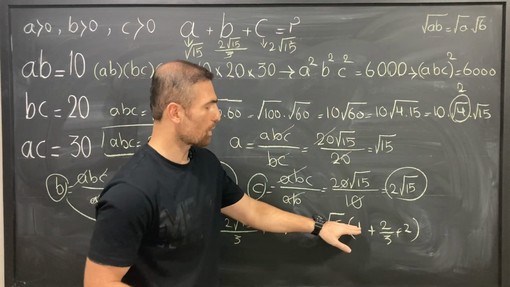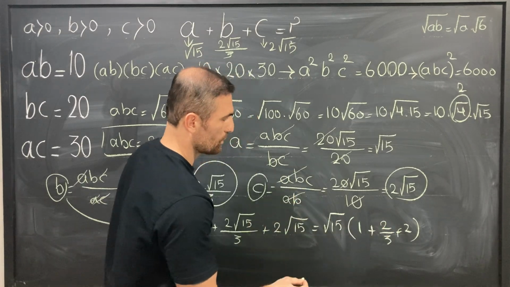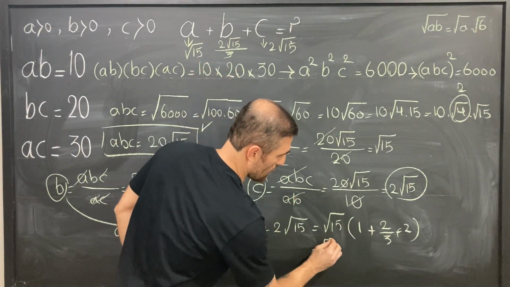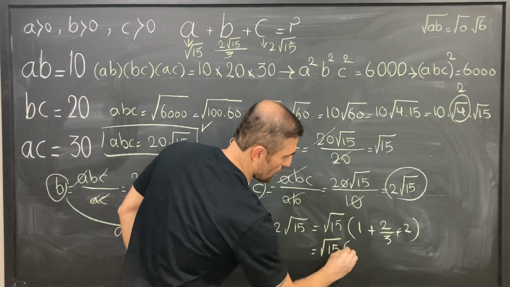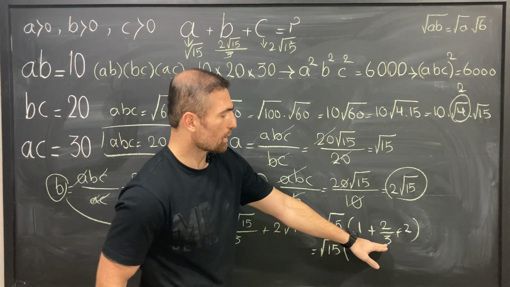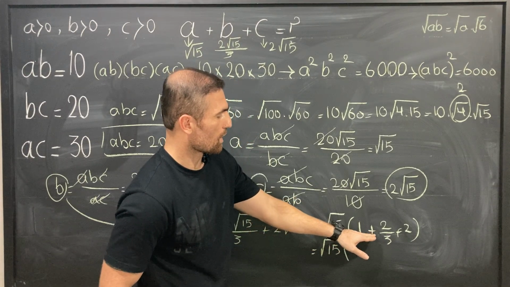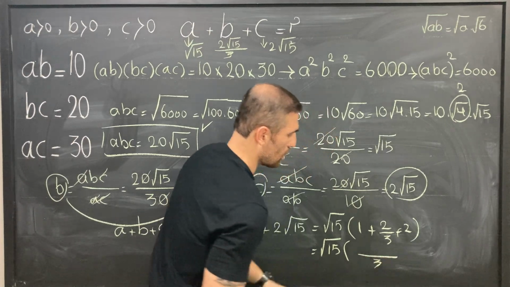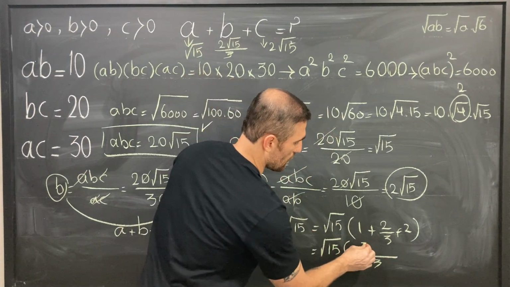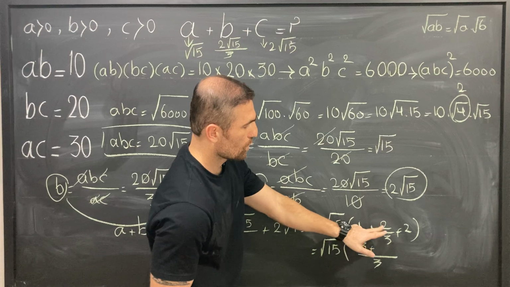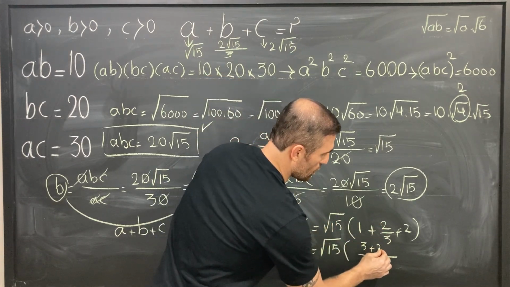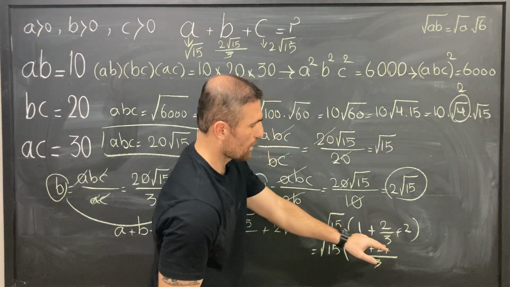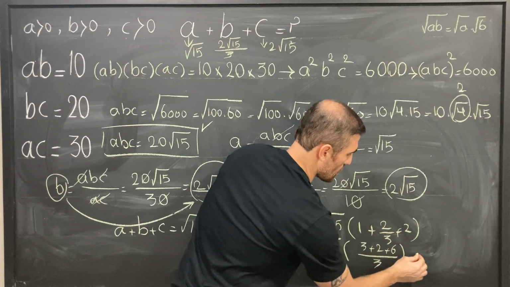But what is the value of 1 plus 2 over 3 plus 2? The common denominator between 1, 2 over 3 and 2 is 3. So 3 times 1 is 3, plus 2 times 1 is 2, and 2 times 3 is 6.